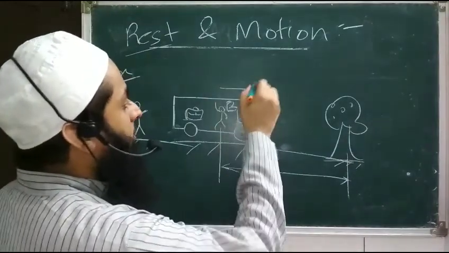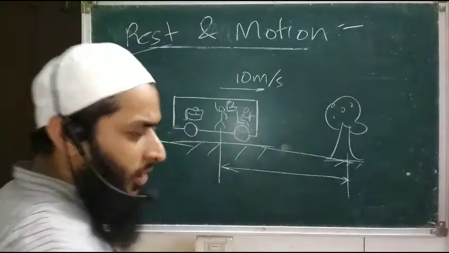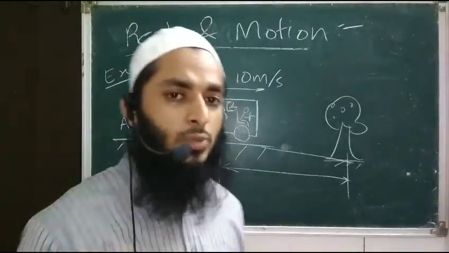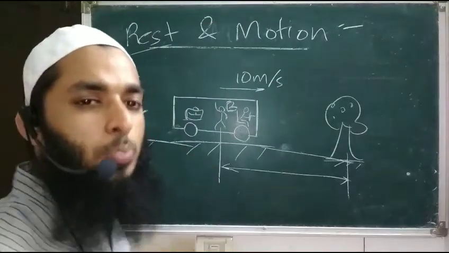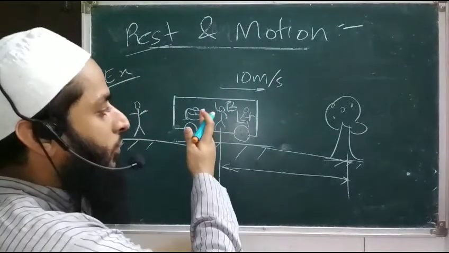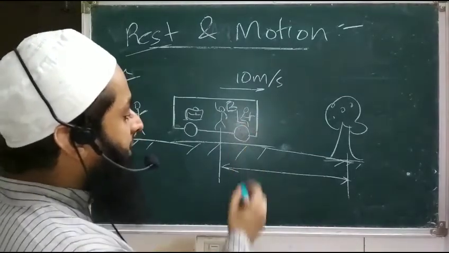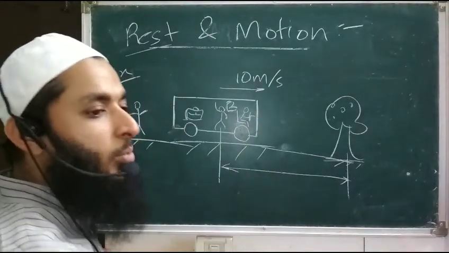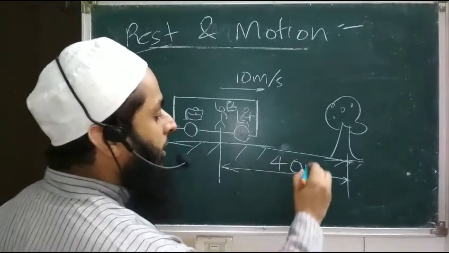For example, this bus is moving with a velocity of 10 meters per second. About velocity and all, we'll learn in the next videos. For now, just understand that it is the speed with which the vehicle is moving towards the right. So every second, 10 meters will be covered. Suppose this distance is 40 meters in the beginning.